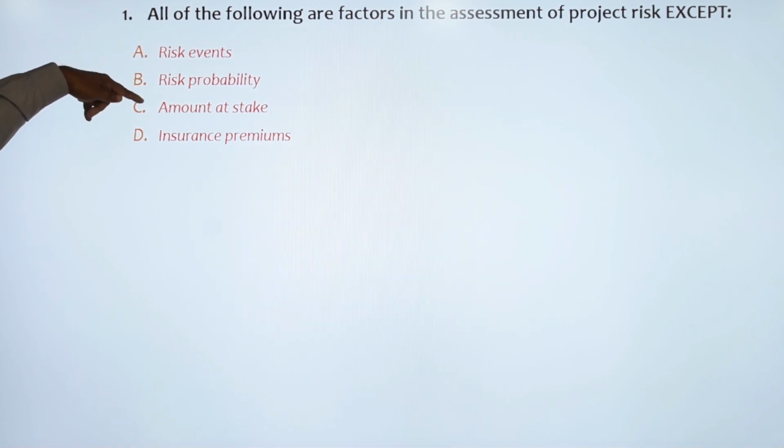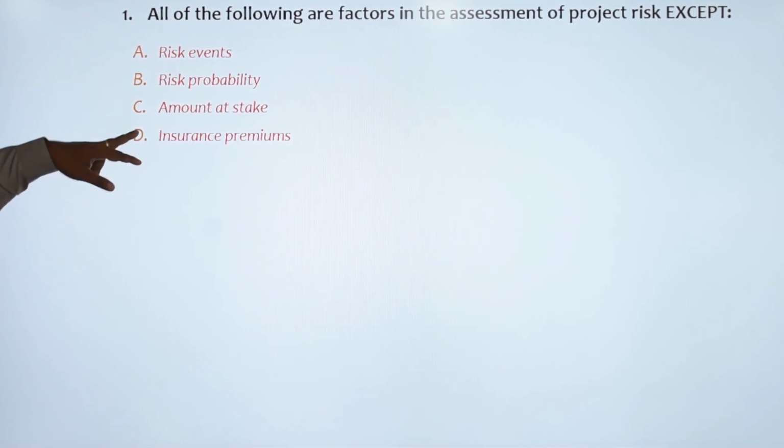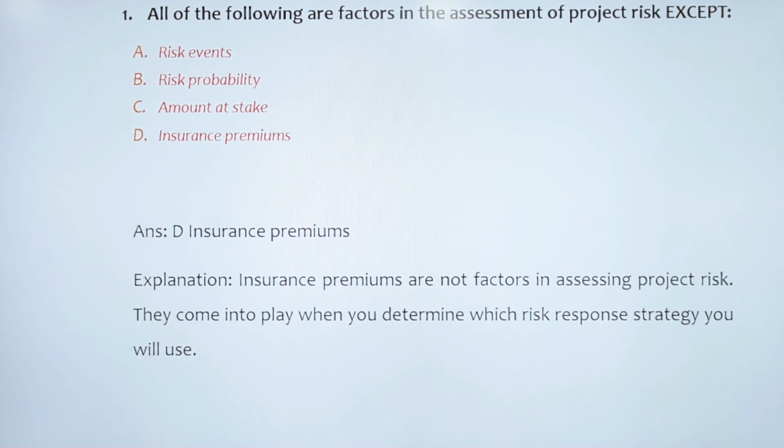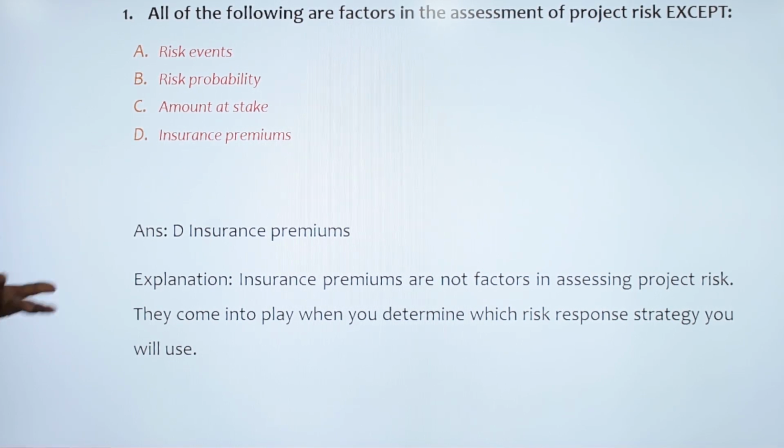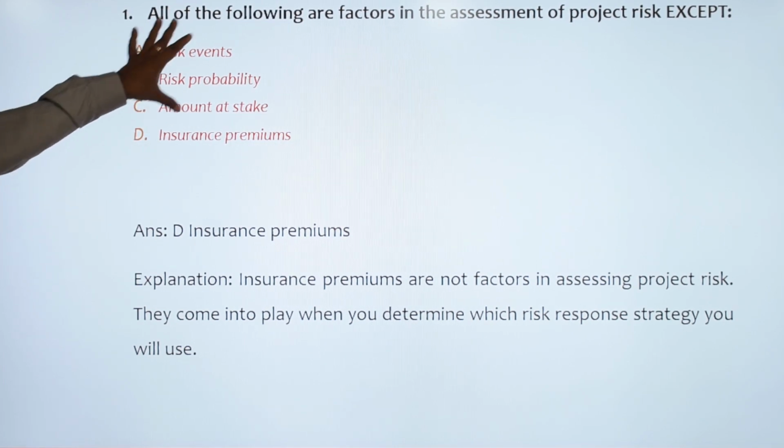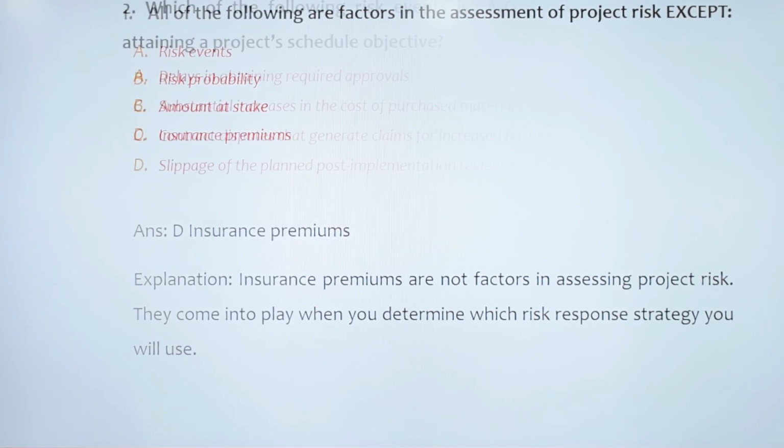But insurance premium is not one of the factors which is used for assessing the risk. So the right answer is option D, insurance premium, which is a resolution action. Insurance is a mechanism to transfer the risk. So insurance premium is part of that resolution action. It is not used for assessing the project risk.